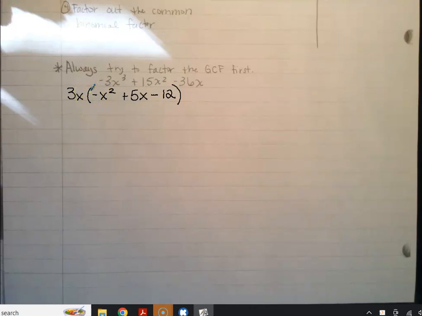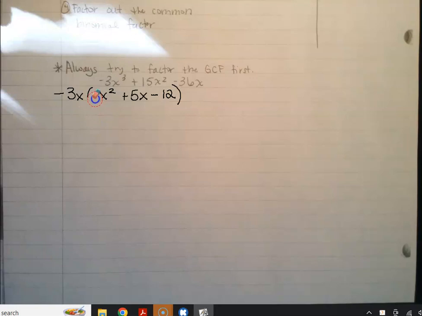A doesn't equal 1 since the negative is there, so you'd have to do the other method. You'd have to take a negative times a negative 12. If we factor out the negative 3x, that would simply change this to a positive, this to a negative, and that to a positive.